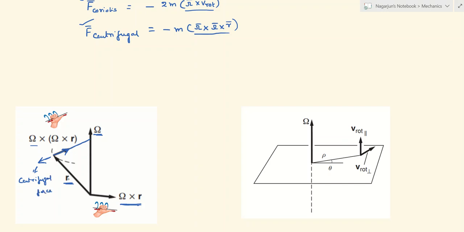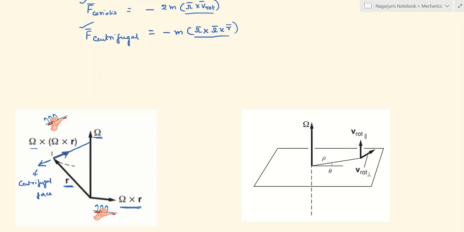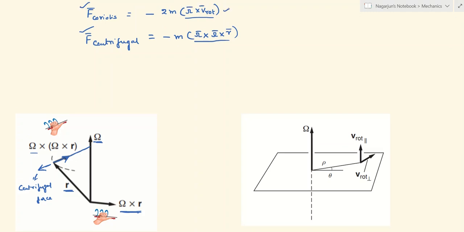That is the reason if an object is placed on a rotating frame of reference, it is pushed out in the direction of the centrifugal force. But this is not the only pseudo force acting on that object. There is the Coriolis force, which is notated as minus 2m omega bar cross v bar rotation.